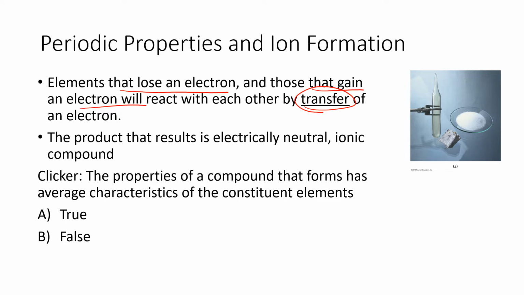Usually the metal loses the electrons and the non-metal completely gains the electron. When these metals and non-metals get together, the resulting product will be electrically neutral, and therefore it is called an ionic compound. So I want you to think for a second.